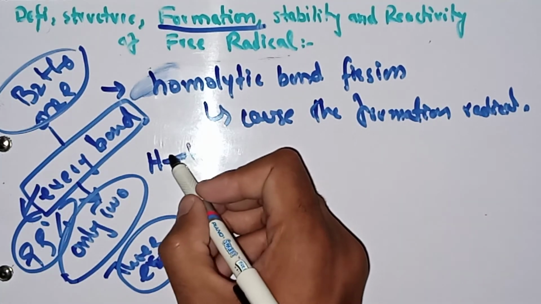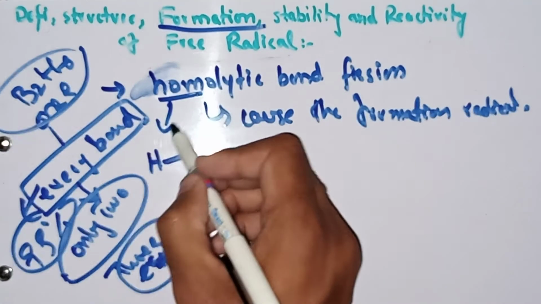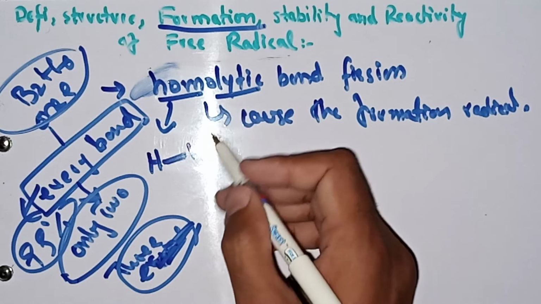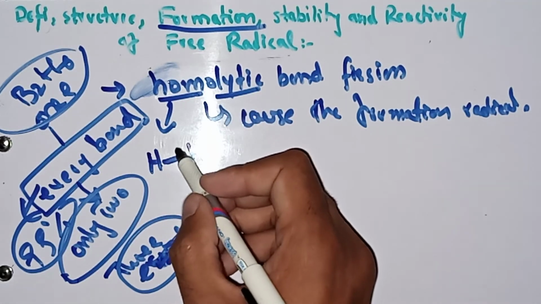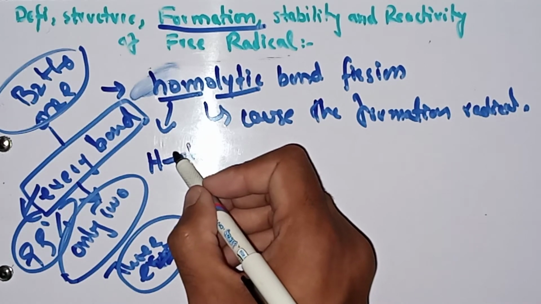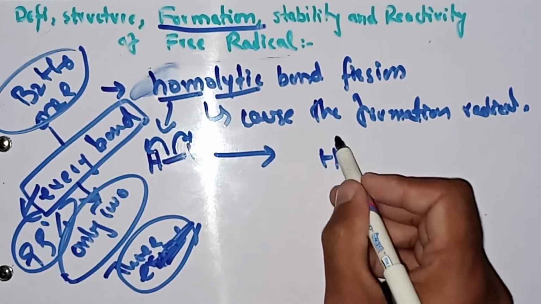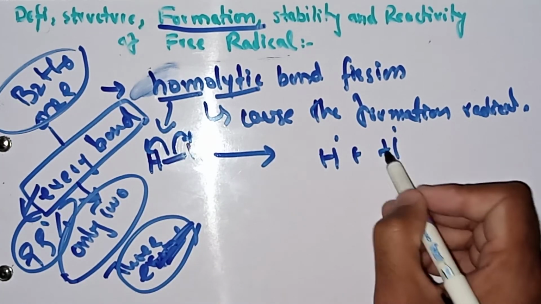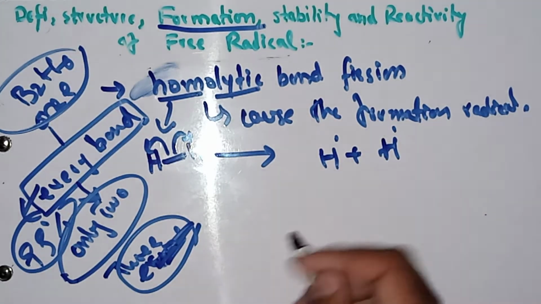When the bond undergoes homolytic fission, homo means same and lytic means breaking. When the bond breaks equally, one electron goes here and one electron goes there, and the product is free radicals. This is the formation of free radical.